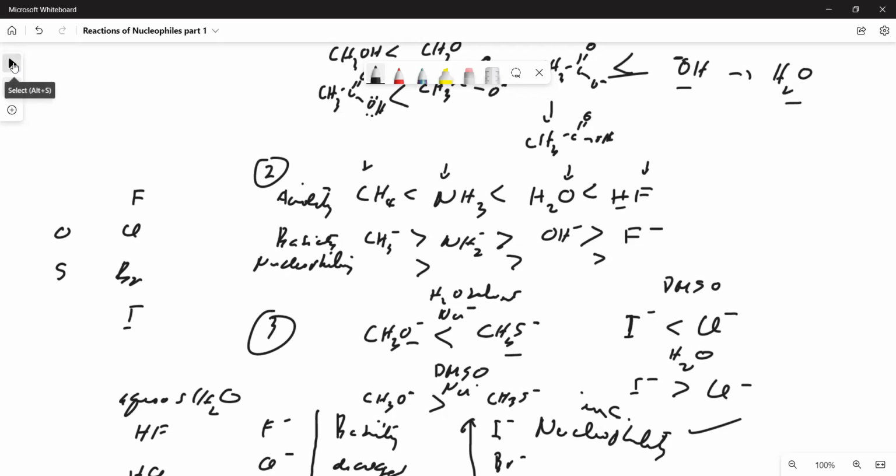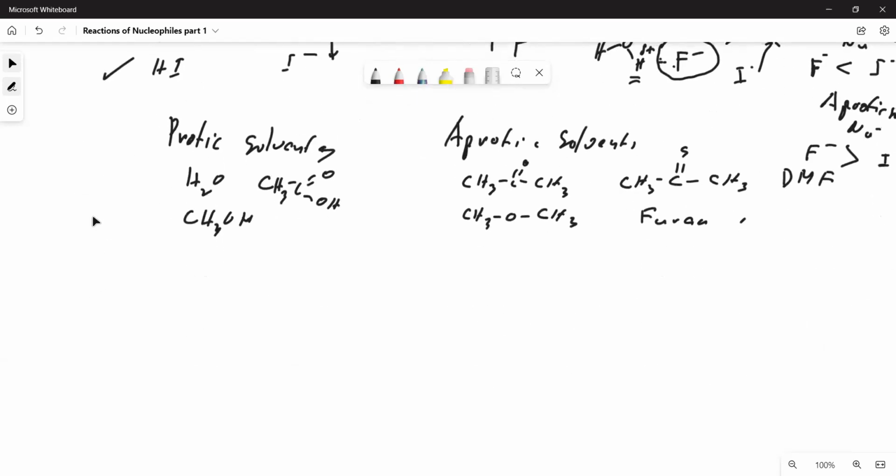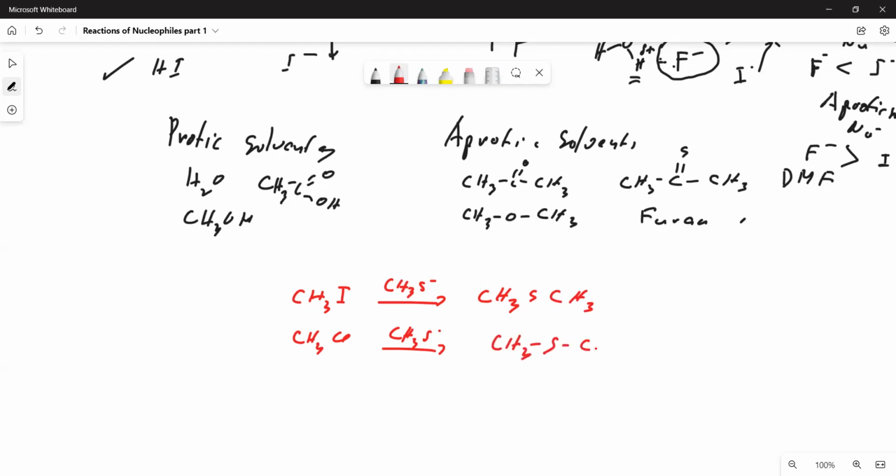So those are the effects of the solvents. After knowing all those important properties of SN2, if you have methyl iodide and methyl chloride reacting with, say, methyl sulfide as the nucleophile, we expect the nucleophilic substitution product, a thioether, and this one also a thioether.